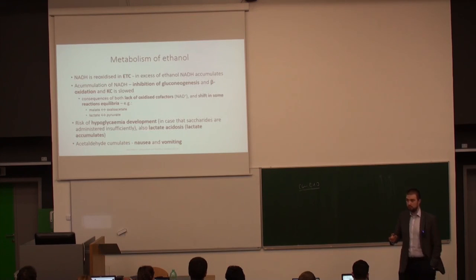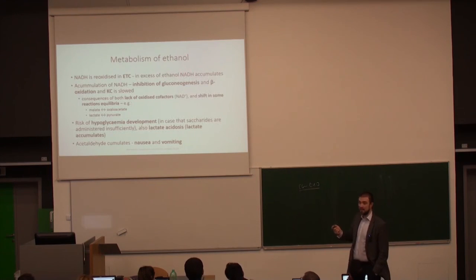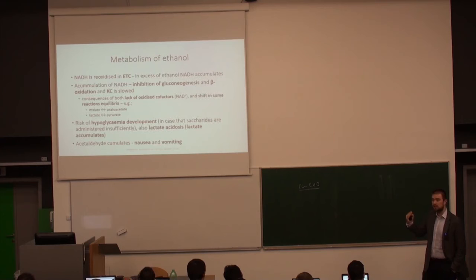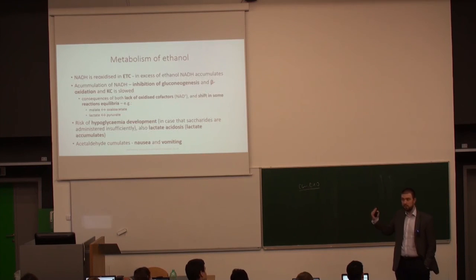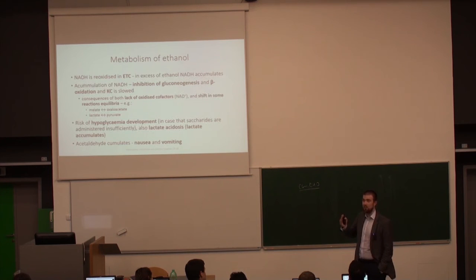But if there is high consumption of ethanol, you will accumulate NADH, since the respiratory chain is full of reduced cofactors. That means ethanol will feed you with a lot of energy, but if there is a lot of ethanol, it will, to some extent, block your metabolism.